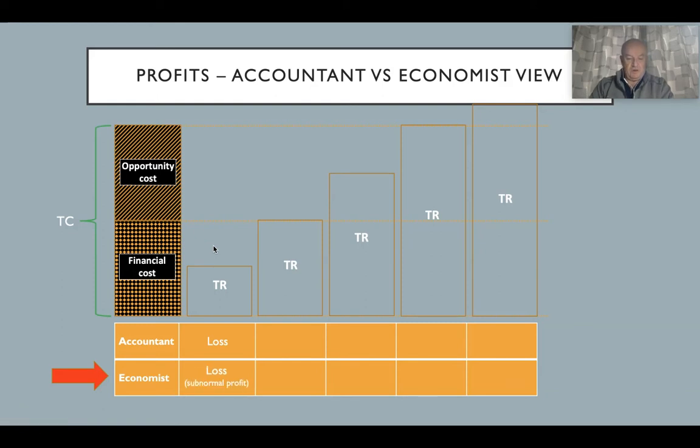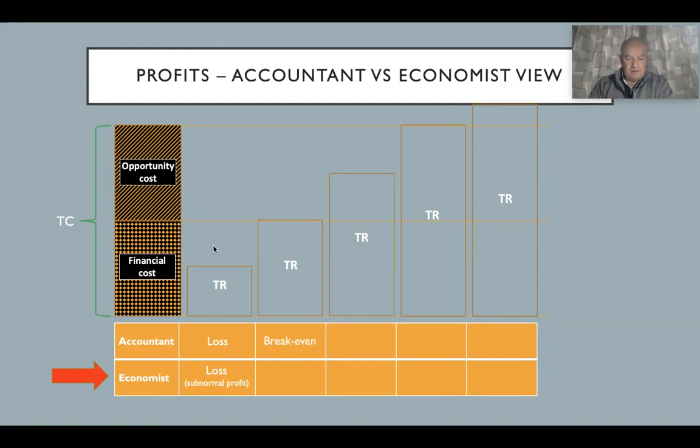What the economist would assume is that, for the same reasons, total revenue is less than just the financial cost. The economist's view would be that that is a loss, and we would be making a subnormal profit. Okay, it's another term for a loss essentially, subnormal meaning that it's below the normal profit, and in that scenario we would actually be making a loss. Let's take a look at the next example.